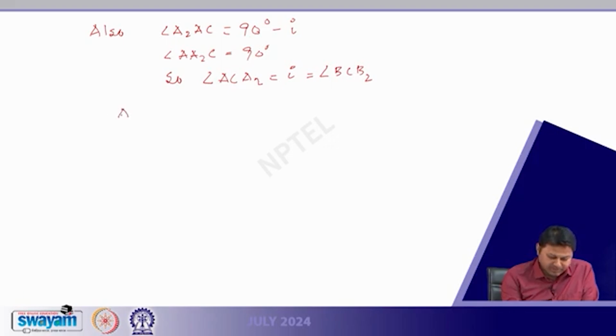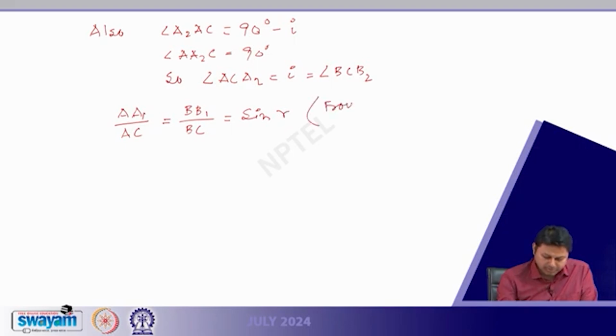So, A1 divided by AC, which we already got, that is B1 divided by BC, is nothing but sine of R from simple triangle BCB1.